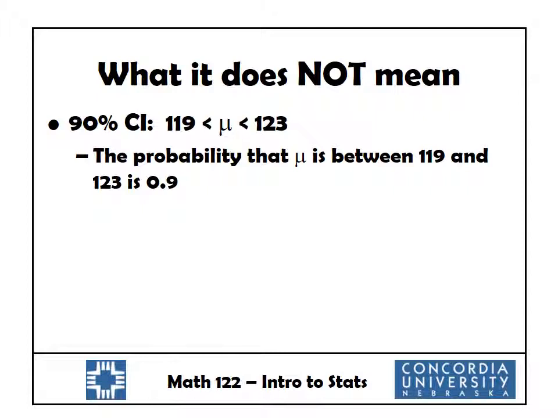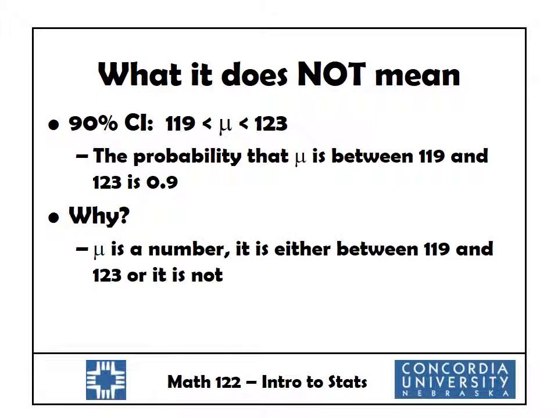In 7.4, we talked a little bit about what it does not mean. So a 90% confidence interval does not mean that the probability that mu is between 119 and 123 is 0.9. That 0.9 is not a probability when we think about just a single confidence interval. Now, why is it not a probability? Well, because mu, our population mean, is a number.